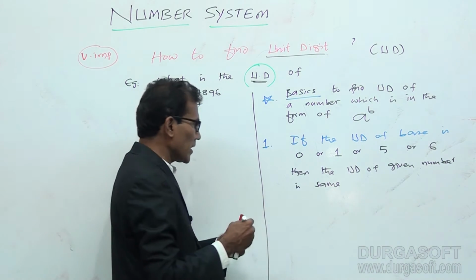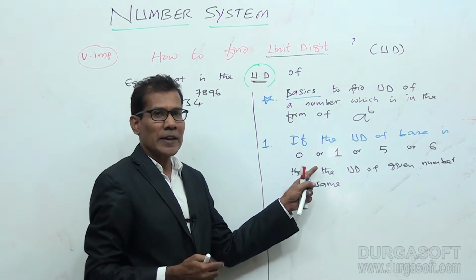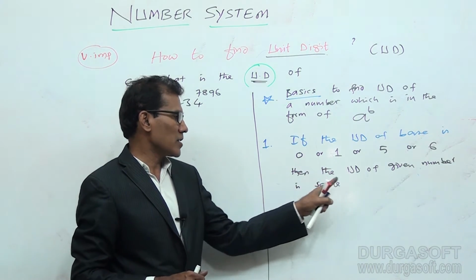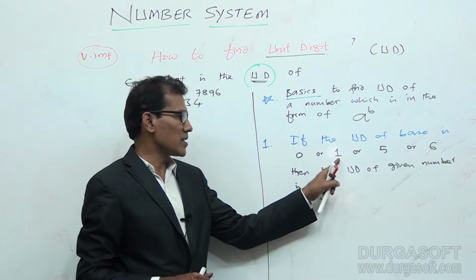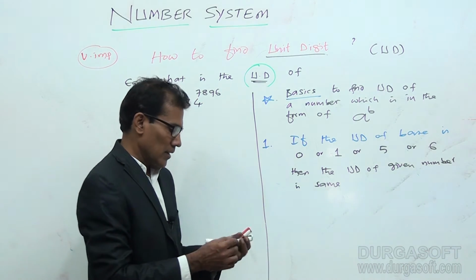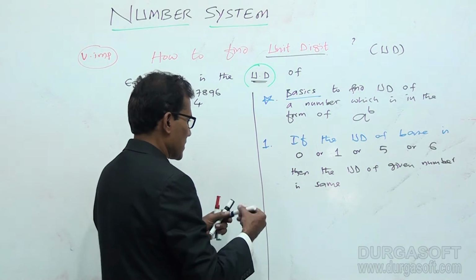Means if the unit digit is 0, irrespective of its power, for the complete number the unit digit is going to be 0. If the unit digit is 1, irrespective of the power, the unit digit is 1, like this. Take a few examples.